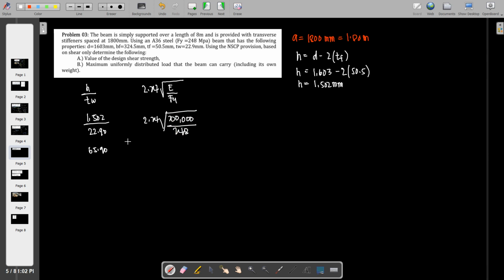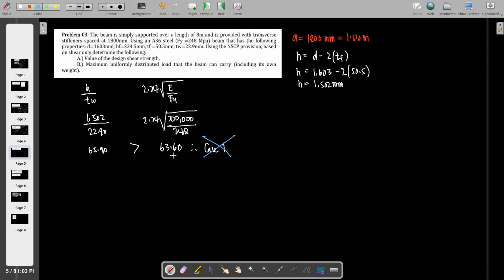So we have here 65.9 and this side is 63.6. So notice na mas malaki ng H all over TW by slight difference. So therefore it will not fall under case 1, no? So hindi na siya case 1, thus it shall fall under case 2.